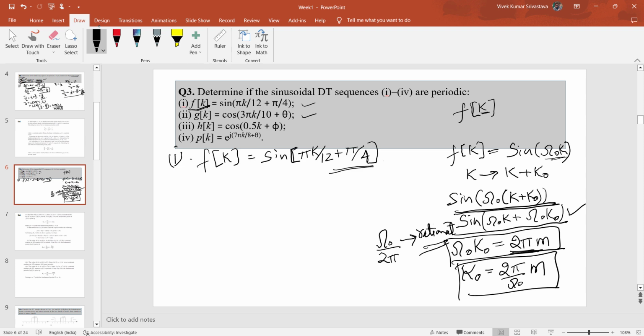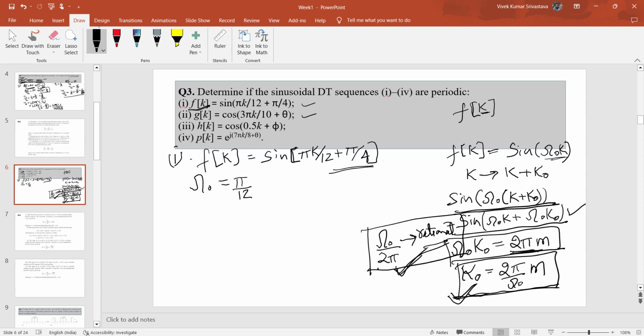So we will use this condition to determine whether the signal is periodic or not, and if the signal is periodic in nature, then we will find the fundamental time period of this signal by using this equation. Let us see how to use this condition to find the periodicity. The first problem is f of k equals sine of pi k by 12 plus pi by 4. From here we can say that rho naught is defined as pi by 12.